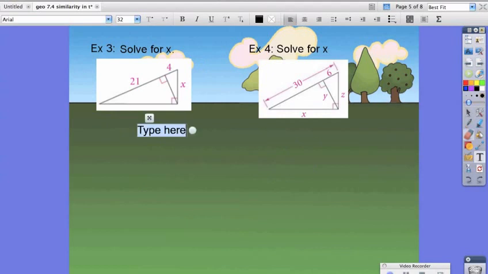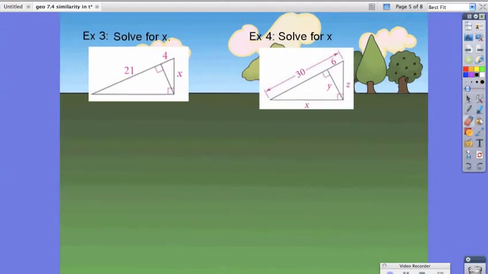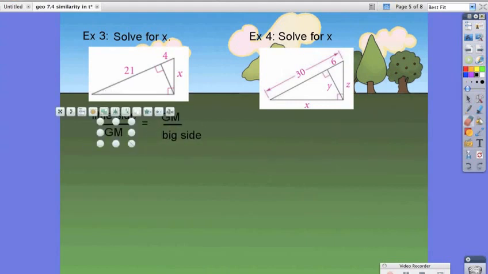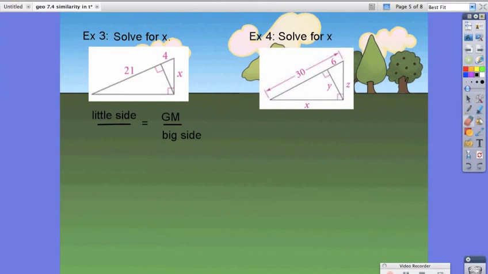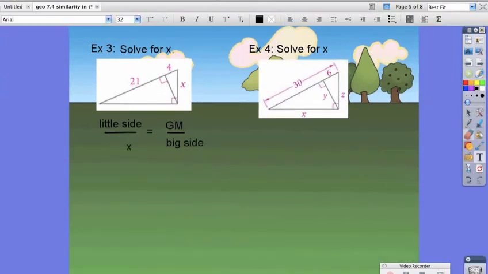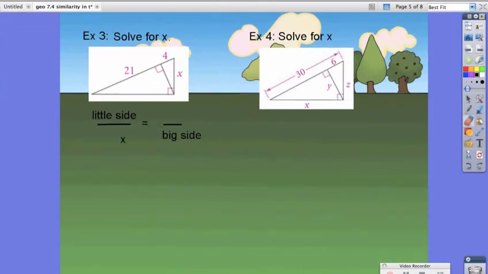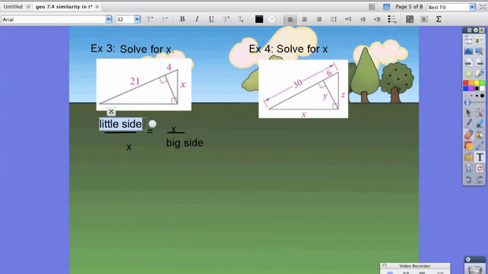Let's try two more just to make sure we have it down. Same exact formula as before. Notice I just keep copying and pasting it. The geometric mean here is x. So that's x. The little side is going to be 4 because that's the little side that's touching x.